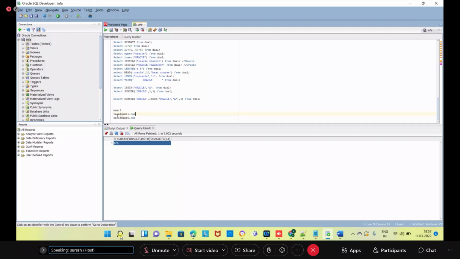But to catch the exact names individually, we have to play with the substring and instring operators. First, we'll find the position of the at the rate, so that we can subtract the value and get the range. So let's work on that.